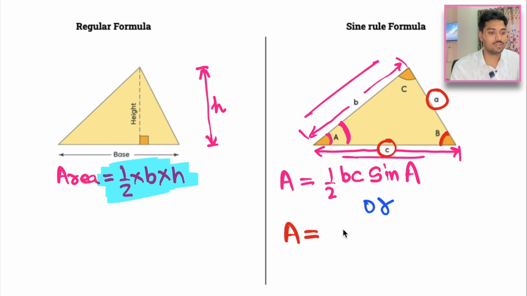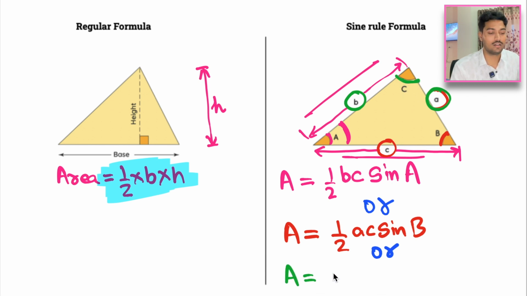In that case, we can use this formula: just substitute these lengths, half A into C multiplied by sine angle B. Or if sides A and B are known to us and angle C is known to us, we can find the area like this, half AB sine C. So this is the formula that is used. Let's move on and try to solve a few questions based on this to understand it better.